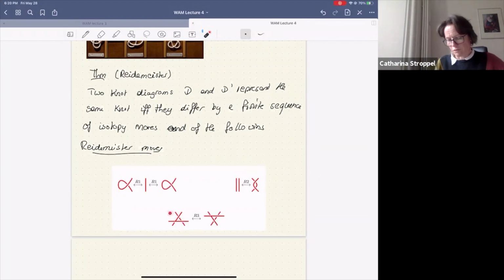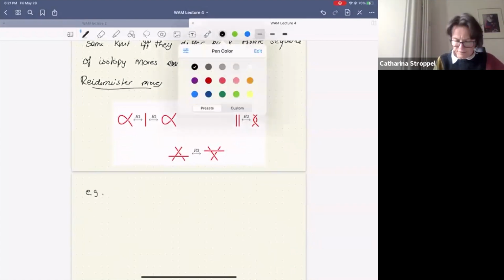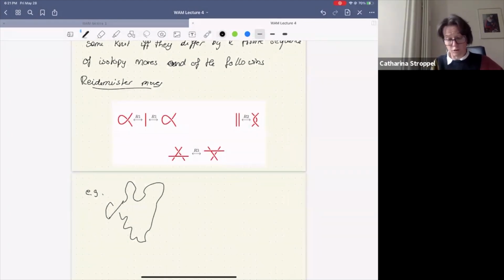Or you have this sort of braid relations move, which we saw already several times. So for instance, let's check. When I have something like this complicated, stupid loop, I can use an isotopy in the plane. So this is equivalent to just this thing. And then I could use the first Reidemeister move, Reidemeister 1, and then it gets just this thing, which is the trivial knot.